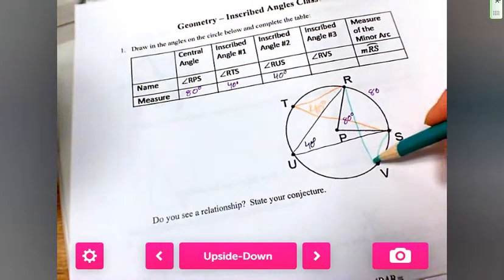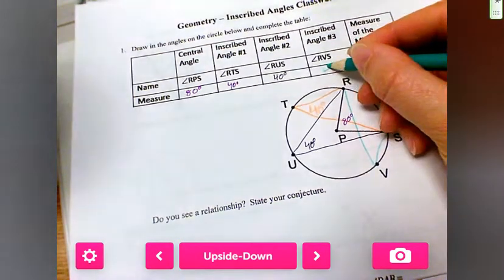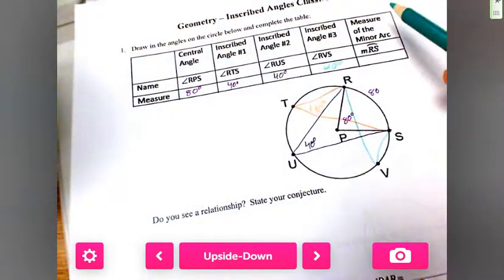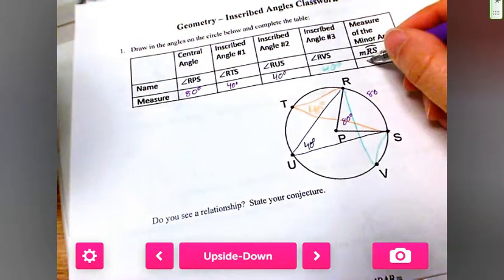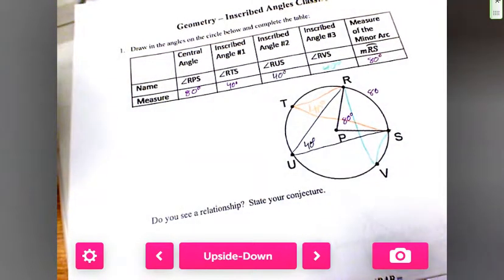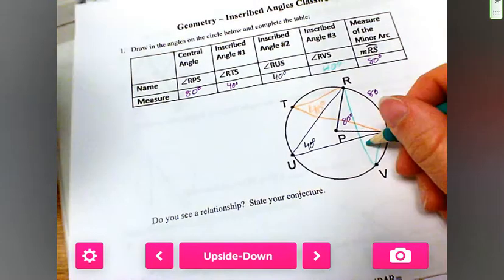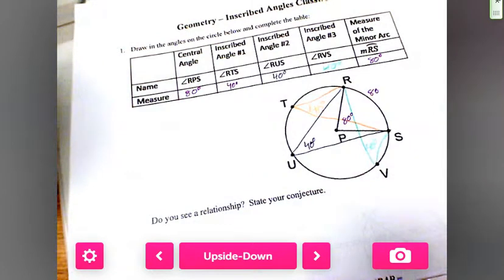What's this one right here? 40, good. So, measure of the minor arc RS is 80 degrees. Okay, do we see that relationship? All those intercepted arcs, they're all the same. All those inscribed angles are the same because it's half the intercepted arc.